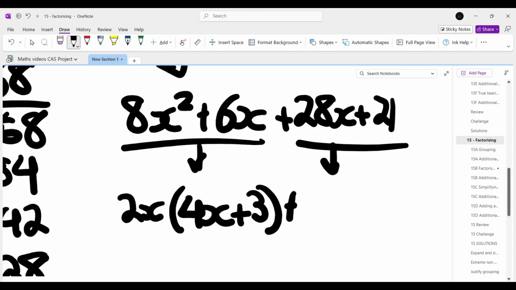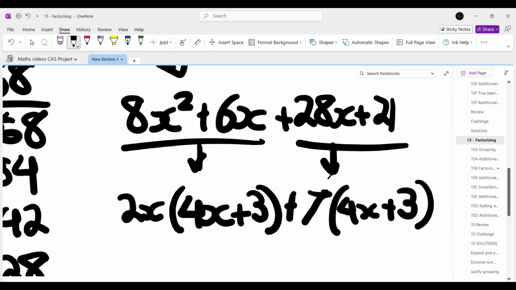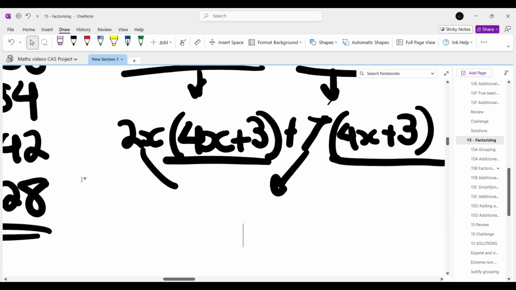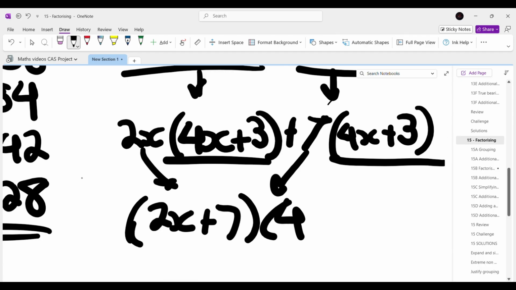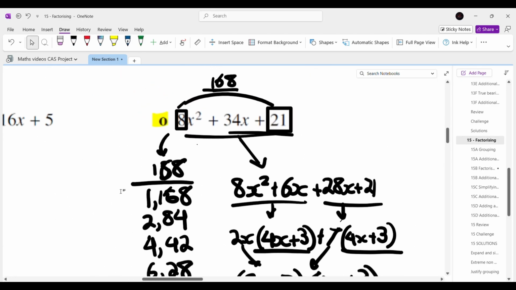And then out of here, we can take 7 to get 4x plus 3. Now this is shared, so we can just simplify this down. So it just becomes 2x plus 7 in brackets times 4x plus 3. This is our factorization of this equation.